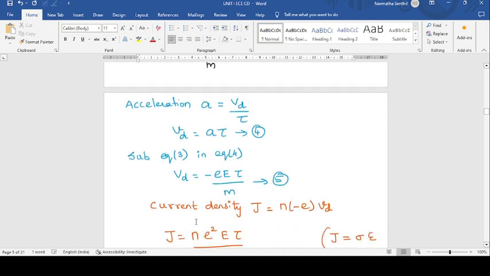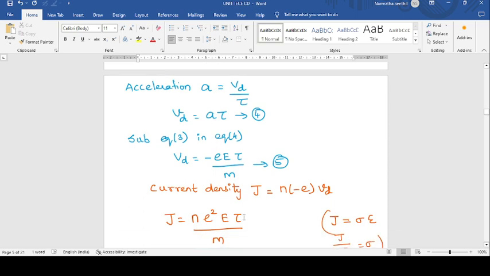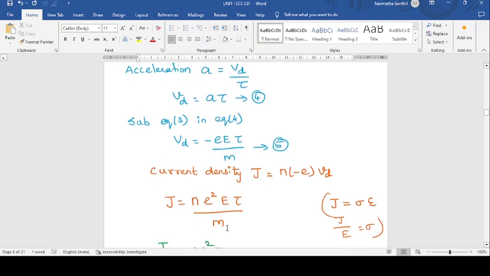From definition, current density J is equal to minus n e Vd, where n is the number of electrons, e the charge of the electron, and drift velocity is represented by Vd. Here, instead of Vd, substitute minus eE tau by m. So minus minus will get cancelled, and we get J is equal to n e square E tau by m.